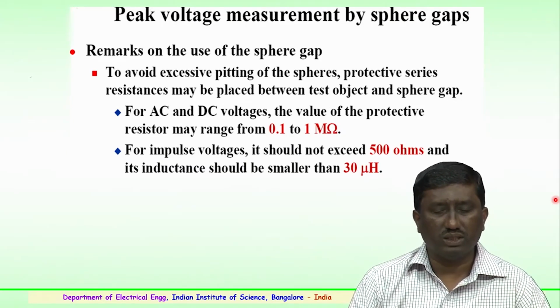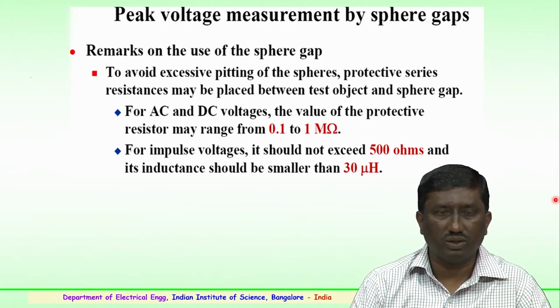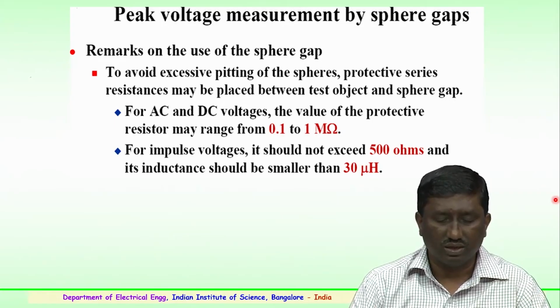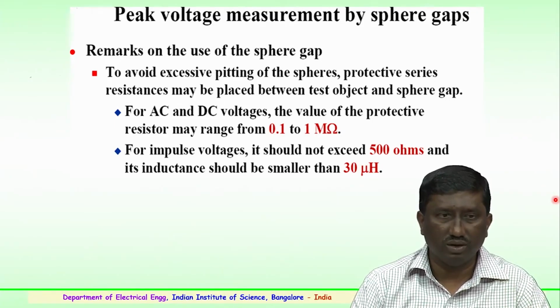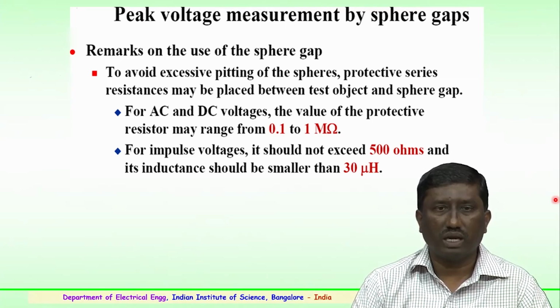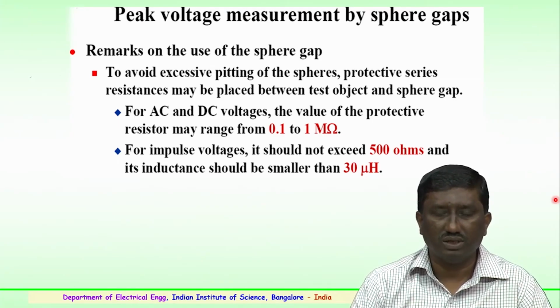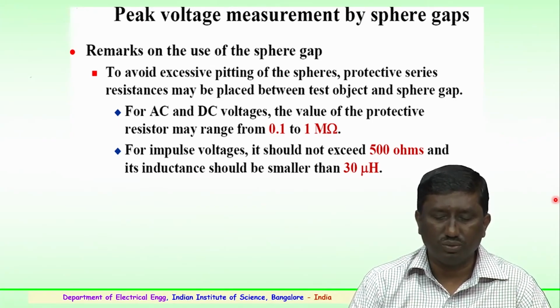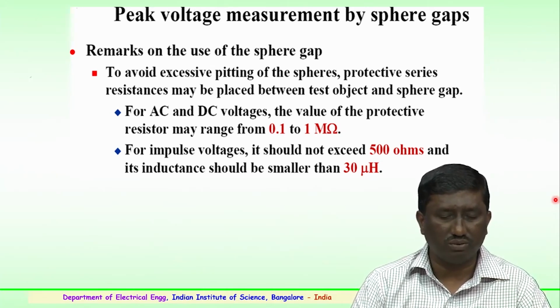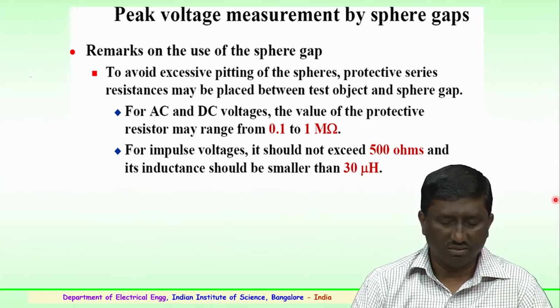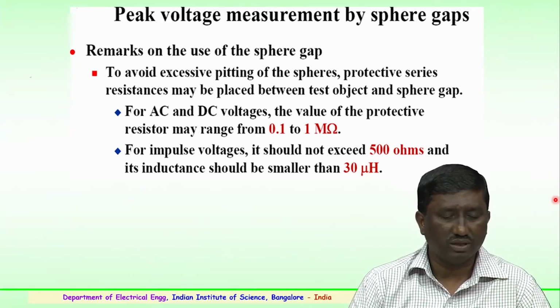So, peak voltage measurement using sphere gaps was a concept which was initially being used, and even till date for calibration and measurements, sphere gaps are also being used in high voltage laboratories and testing laboratories.